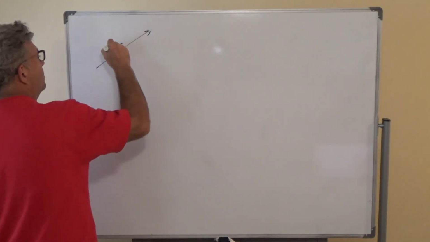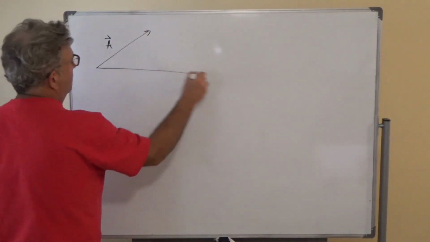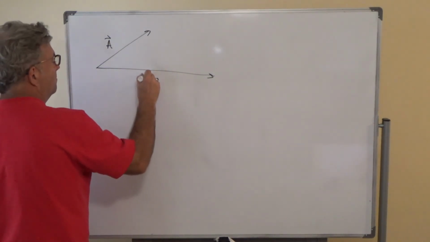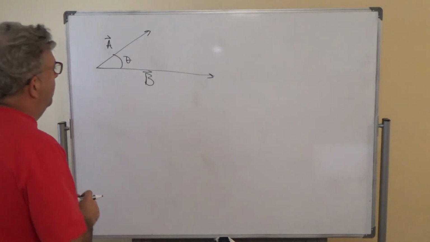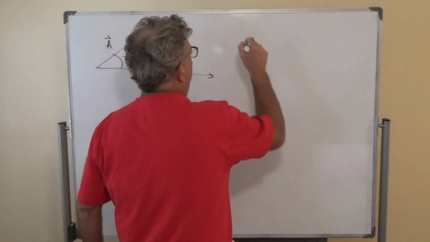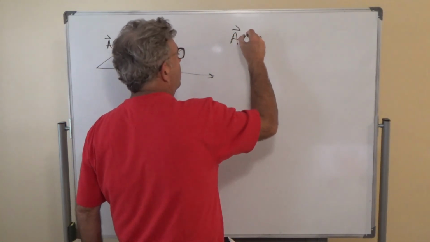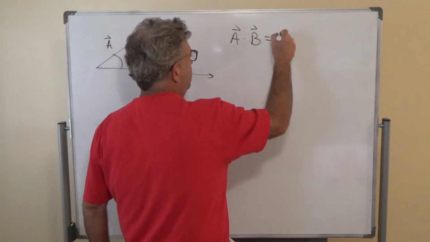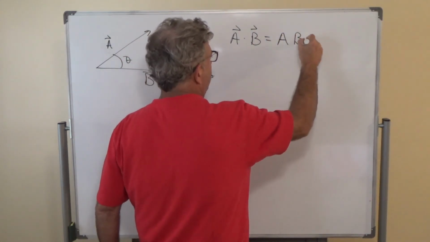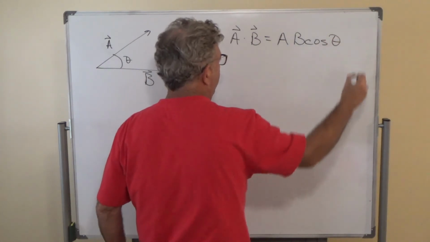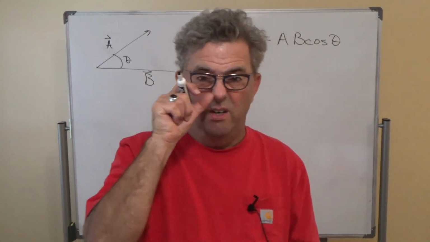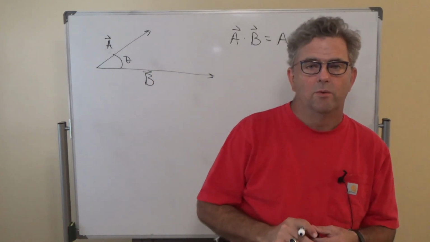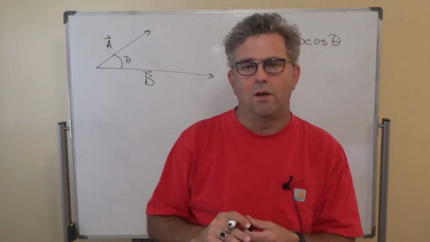I'm just going to use two vectors, just vectors in general, A and B. A dot B is equal to AB cosine theta. Just for any two vectors you meet on the street, if you want to know their dot product, it's AB cosine theta.